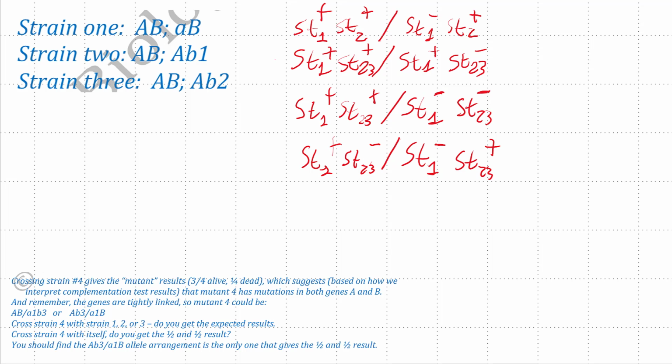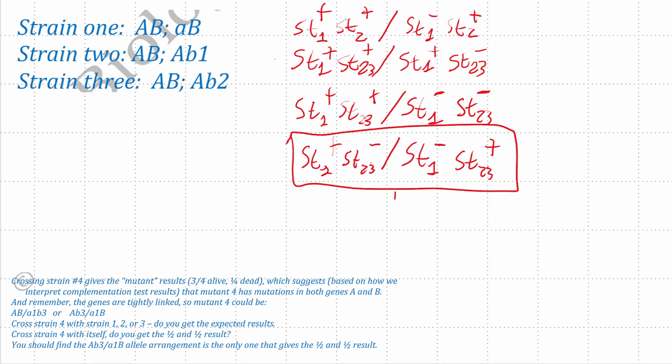If you cross two heterozygote mice that have this genotype, you should obtain a ratio of 1:1 phenotypes of normal to miscarriage. So let's test that. Remember that these two genes are tightly linked, which means that in terms of inheritance, they are moving together as one single gene.